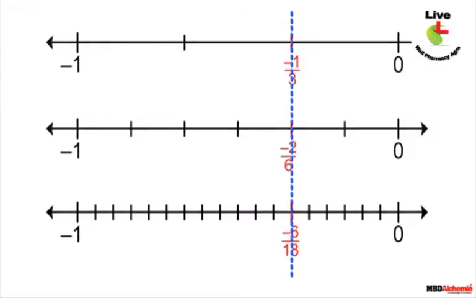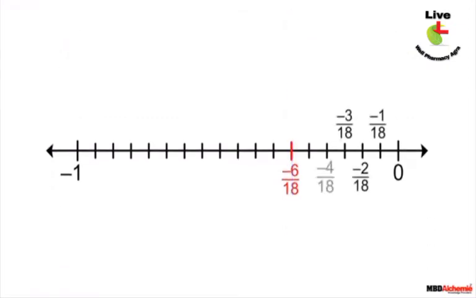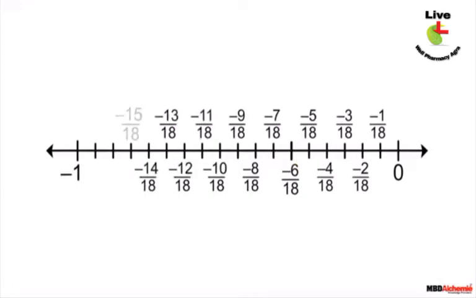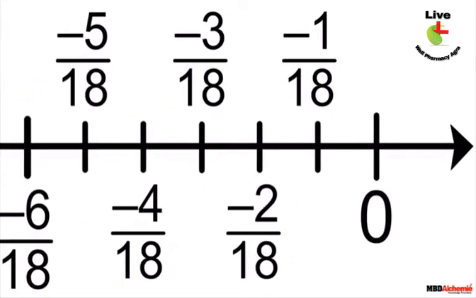In the last number line, have you noticed each of these small divisions represents a rational number and all of these lie between 0 and minus 1. If we divide the length between minus 1 upon 18 and 0 into 2 equal parts, this means we are doubling the number of parts in which 0 and minus 1 is divided, as well as the number of parts considered to locate the number.